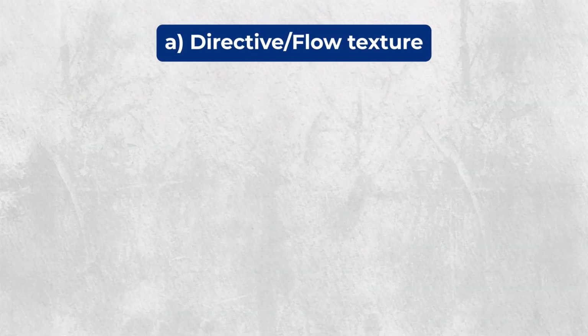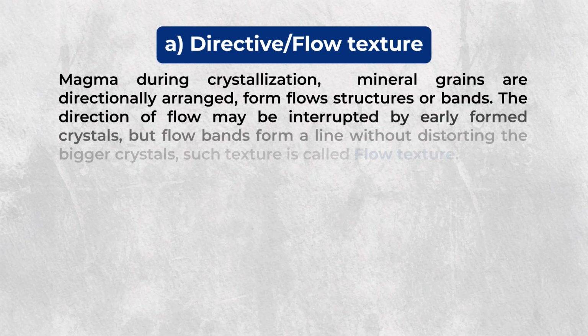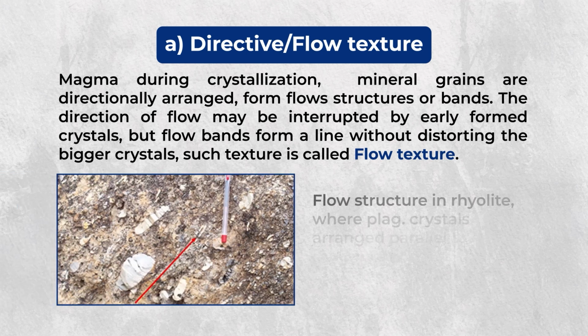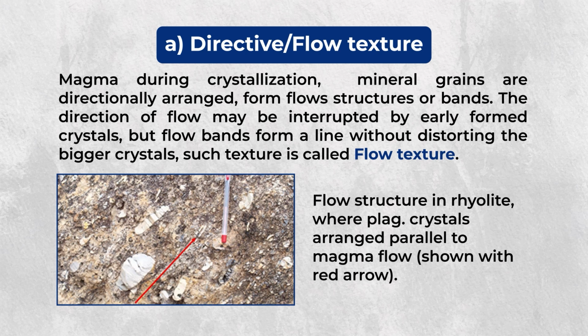In directive texture, during crystallization of magma, mineral grains are directionally arranged to form flows, structures, or bands. The direction of flow may be interrupted by early formed crystals, but flow bands form a line without distorting the bigger crystals. Such texture is known as flow texture. Flow texture in rhyolite has plagioclase crystals arranged parallel to magma flow.